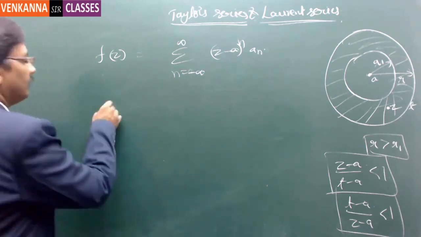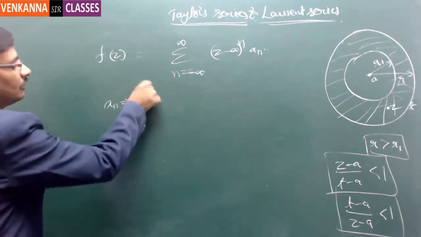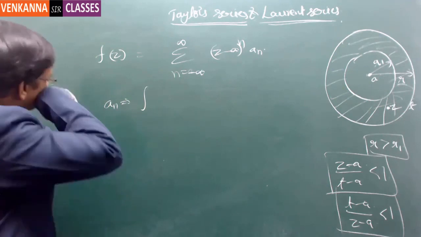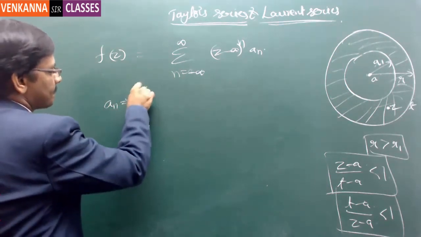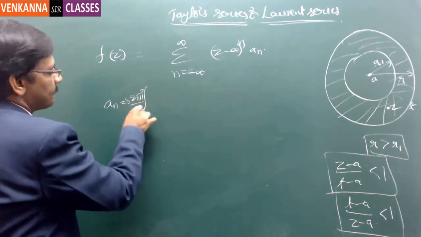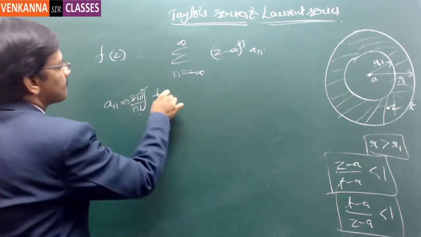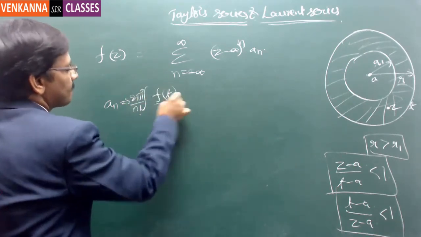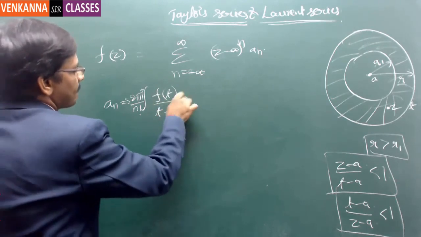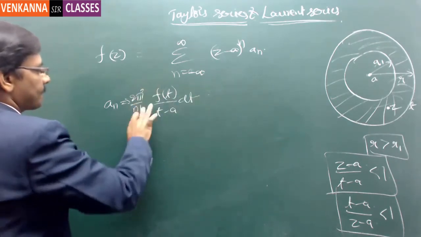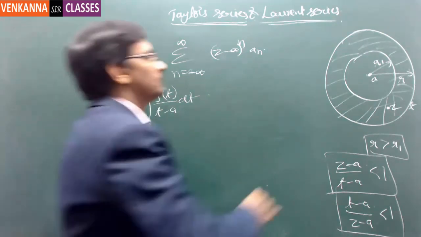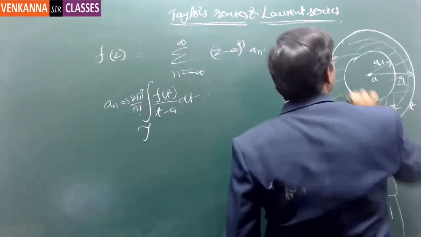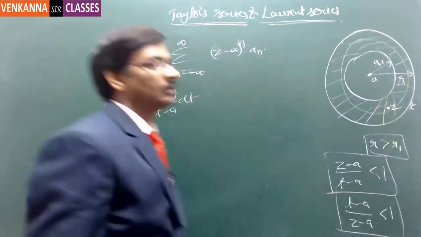Where a n we found is 2 pi i times, and this is a random curve which you can think of in between, any closed contour or any boundary.